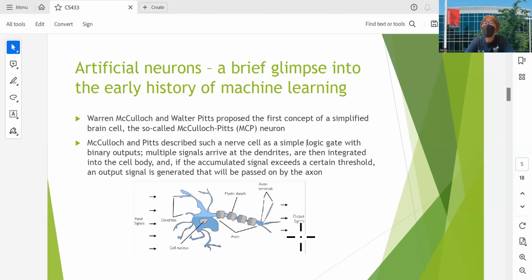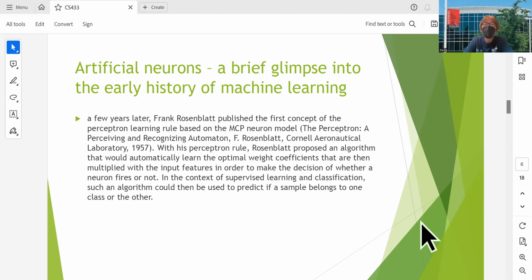The idea is that you have a nerve cell and you have inputs. The inputs go in, it does some reaction and generates an output signal. This tries to mimic the real-world nerve system's reaction. So this is a very, very basic artificial neuron.